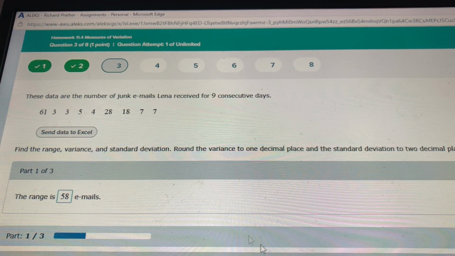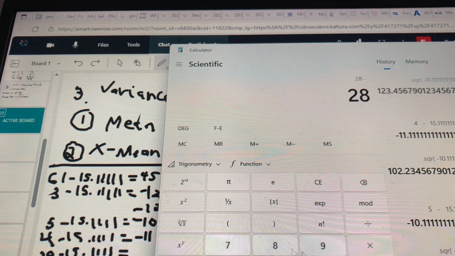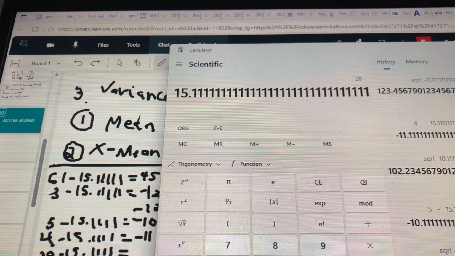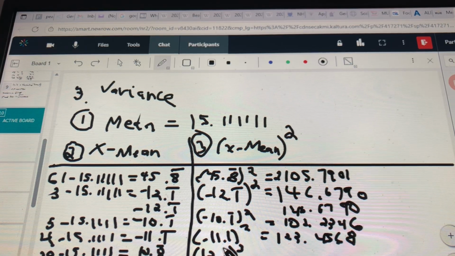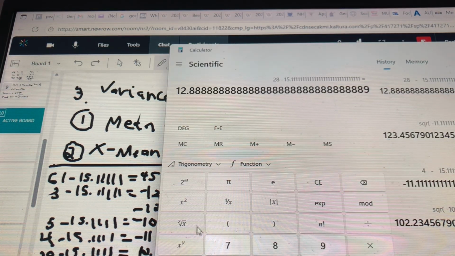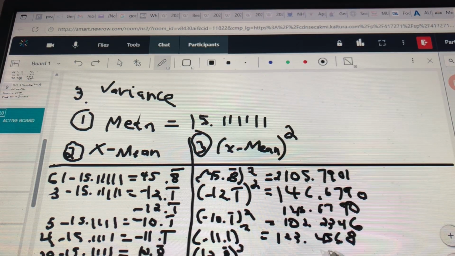Now next we got 28. 28 minus memory recall, 12.8 repeating. So now do this 12.8 repeating squared. 166.1235.